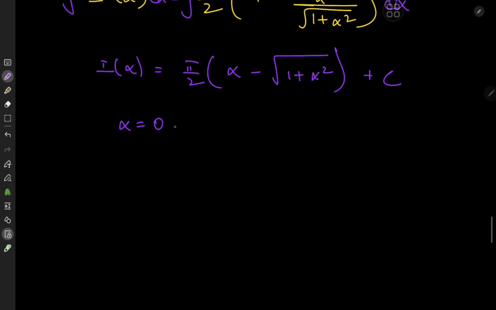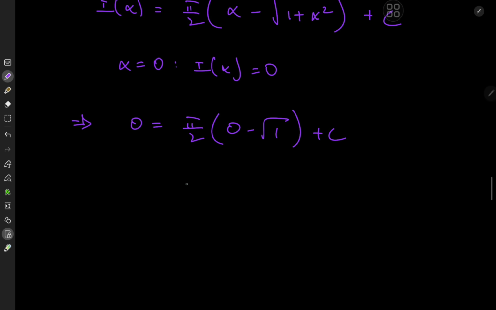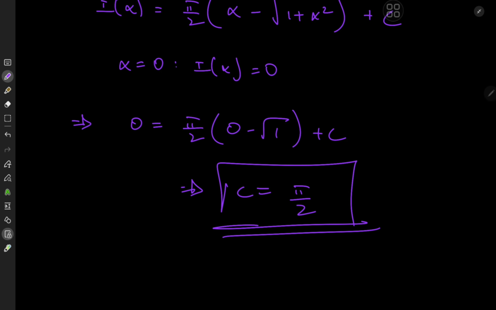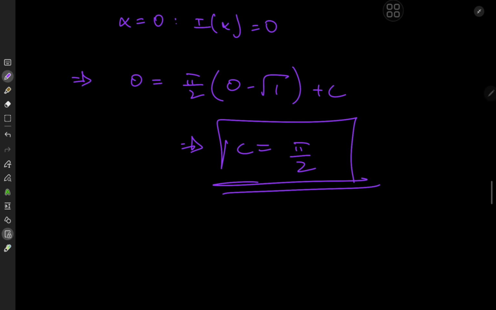So for alpha equal to 0, we have I of alpha equal to 0, which implies that 0 equals pi over 2 times 0 minus root 1 plus c. And this implies that c here equals pi over 2. Yeah, there's a negative sign there. Perfect. This thing equals pi over 2, which is again convenient because we can factor it out.